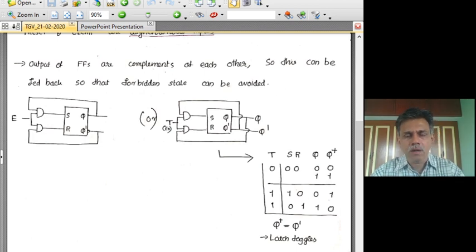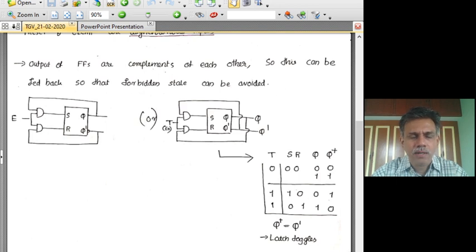We already saw that the set reset latch, either in the SR form or in the S bar R bar form, can be used as a building block to construct other latches. One such latch that we looked at, built from the SR latch by removing the forbidden state, is the D type latch, which is also called the transparent data latch.